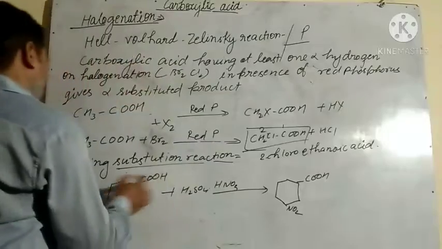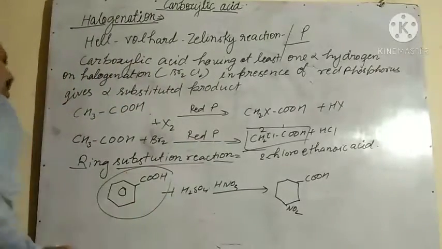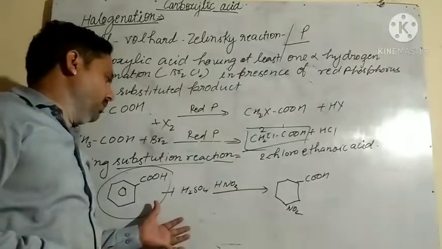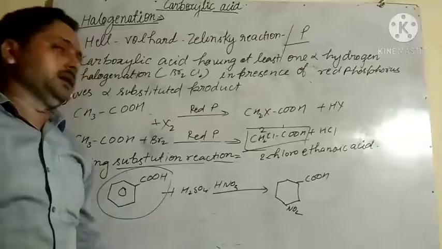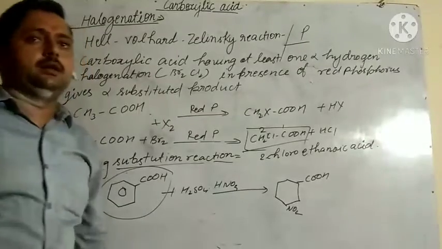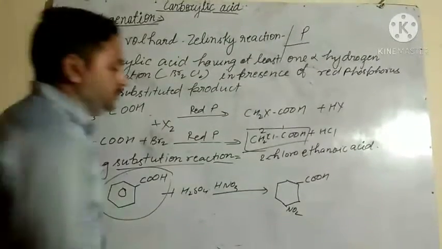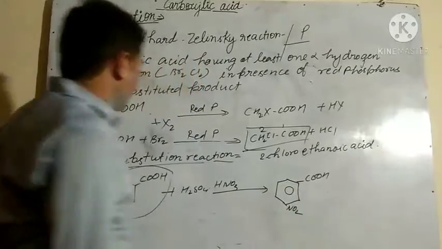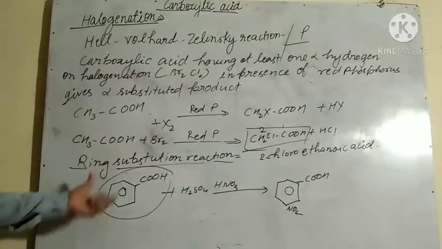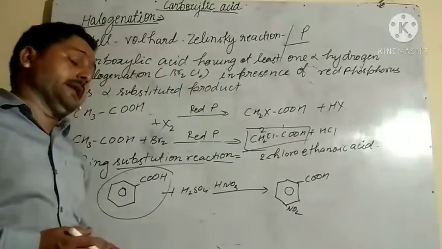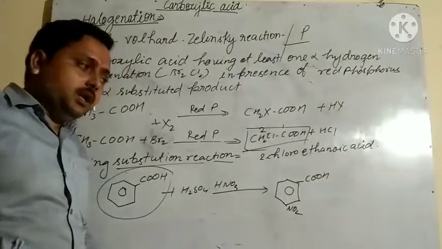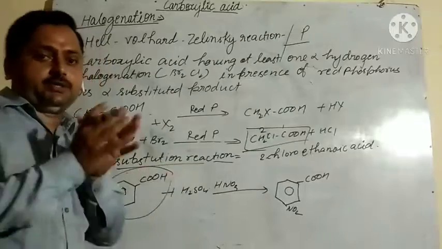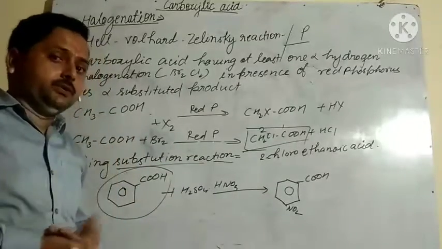But this doesn't undergo Friedel-Crafts reaction, because the catalyst we use is AlCl3 or similar, and that forms a bond with the carboxylic group, so it is not easy to get the product.